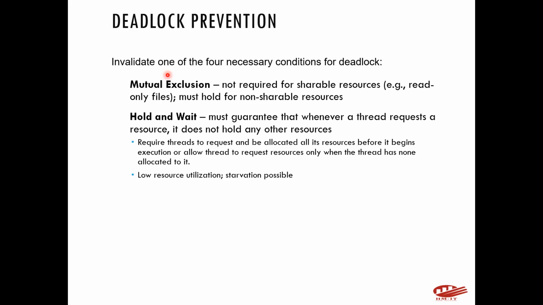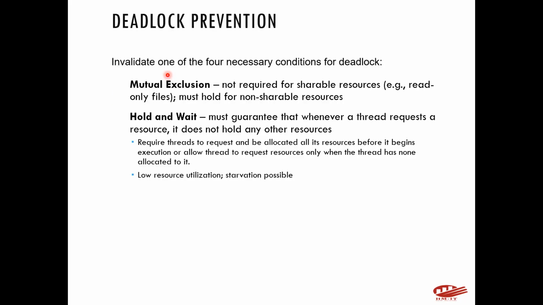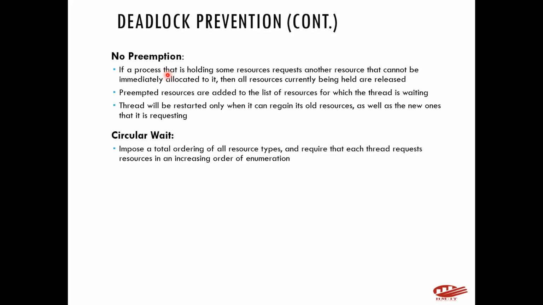Can this be applicable? How can you prevent it? Another one, no preemption, because we saw there are four characteristics of deadlock: mutual exclusion, hold and wait, no preemption, and circular wait as well. So these are the ways we can prevent a deadlock from happening.